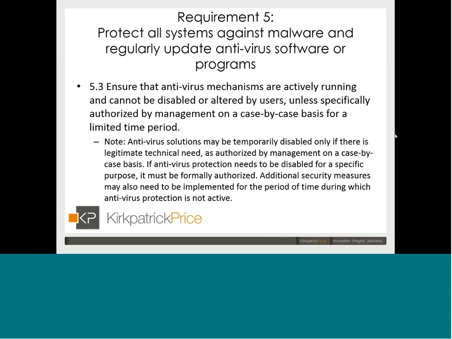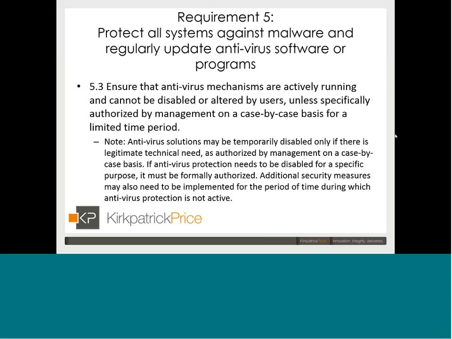But again, you want to do that only temporarily and then re-engage the antivirus software once you're done performing whatever task is necessary. And also keep in mind that permanently disabling the antivirus on an in-scope system is going to be a violation of the PCI DSS.